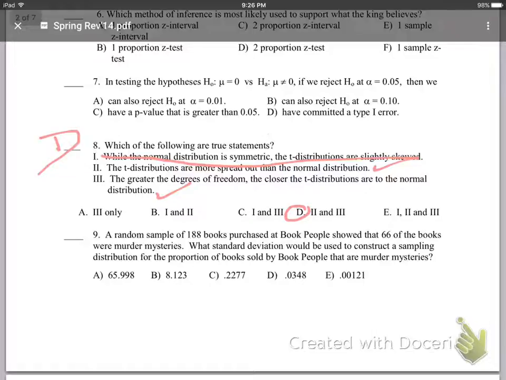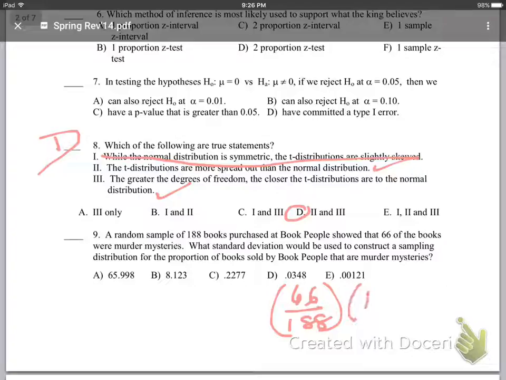Okay, let's go to A. A random sample of 188 books purchased at Books People showed that 66% of the books were murder mysteries. What's my standard deviation? So remember, this is going to be 66 divided by 188 because that is what P is.